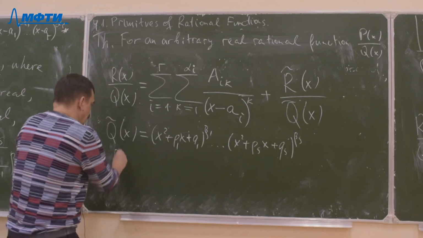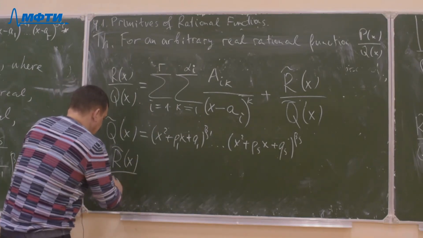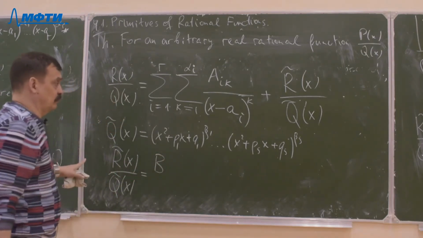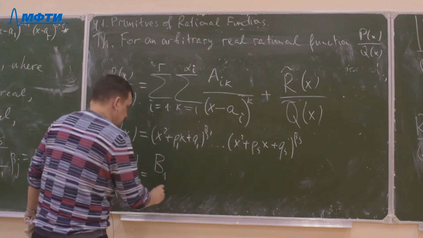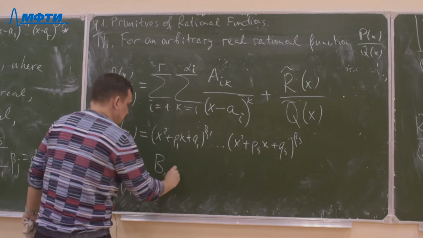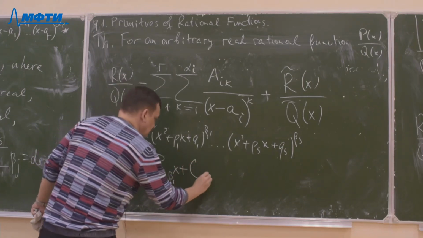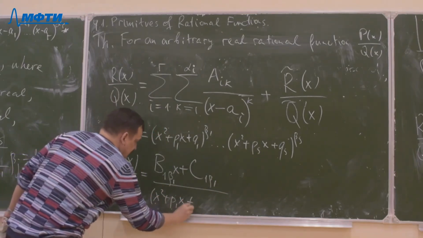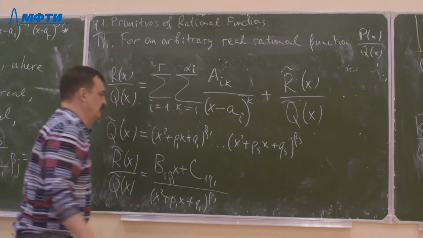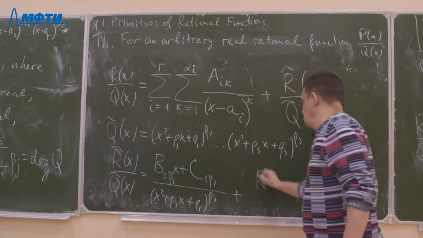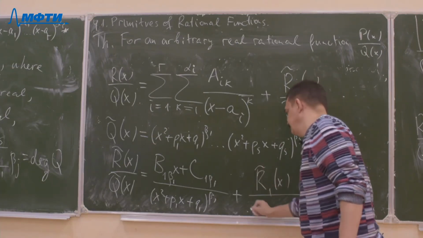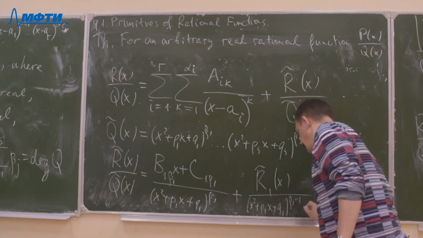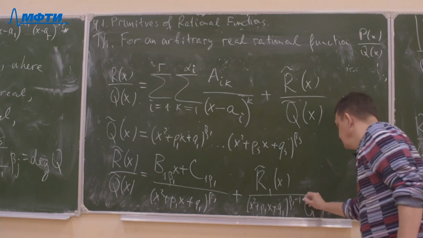We know r tilde of x over q tilde of x equals b, okay, let it be b1 beta 1 x plus c1 beta 1 over x squared plus p1 x plus q1 power beta 1 plus r tilde 1 of x over x squared plus p1 x plus q1 power beta 1 minus 1 q tilde 1 of x.